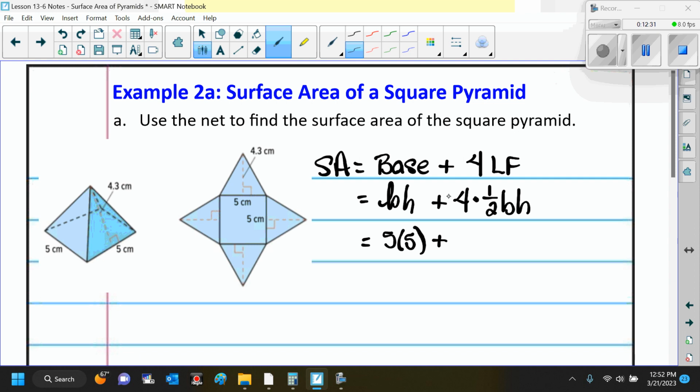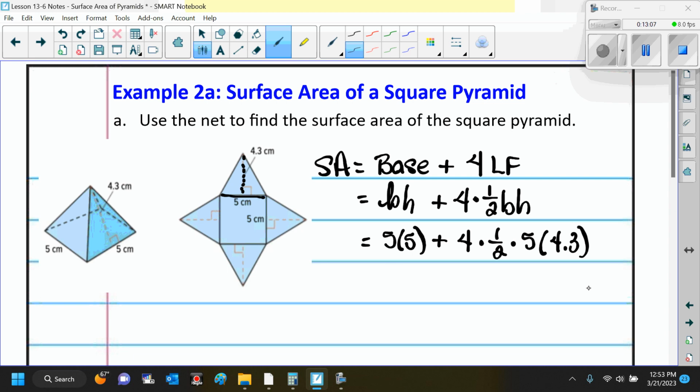Then we're going to add the 4 lateral faces, so that's 4 times 1/2 times the base of this triangle, which is 5, and the lateral height of the pyramid, the height of the triangle, which is 4.3. So this is my substitution.